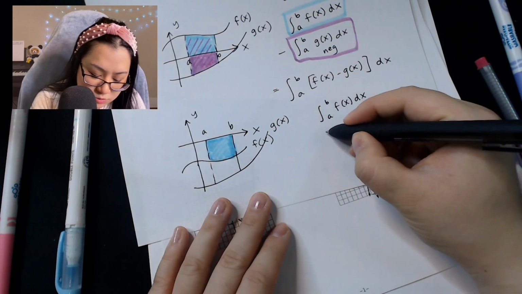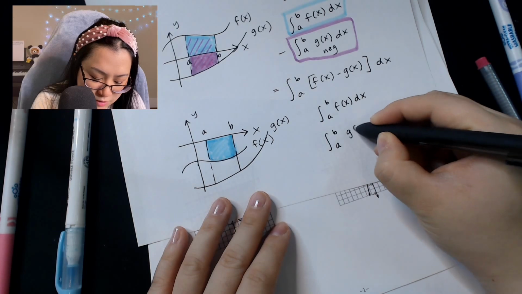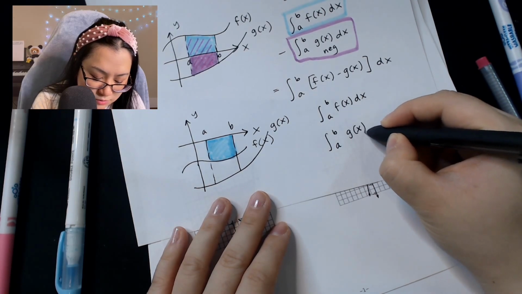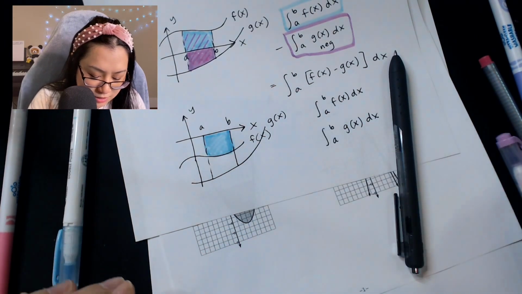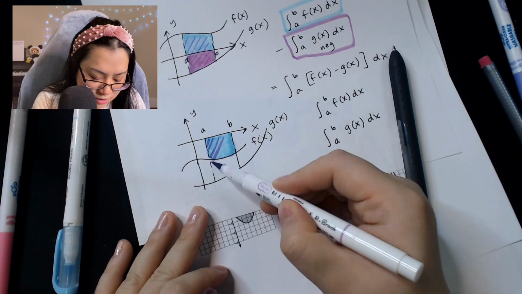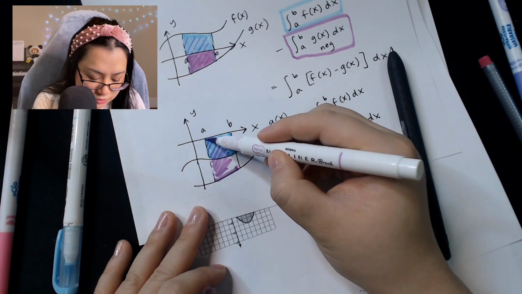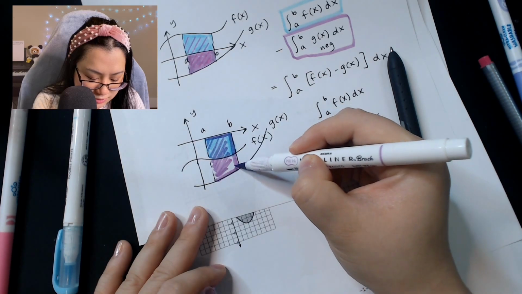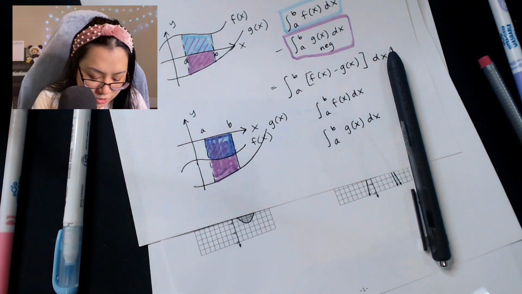So that's also going to work out, because if we do the integral of g of x dx from a to b, we would get the whole thing, the area from g of x to the x-axis here, like so, right? That would be this whole thing.